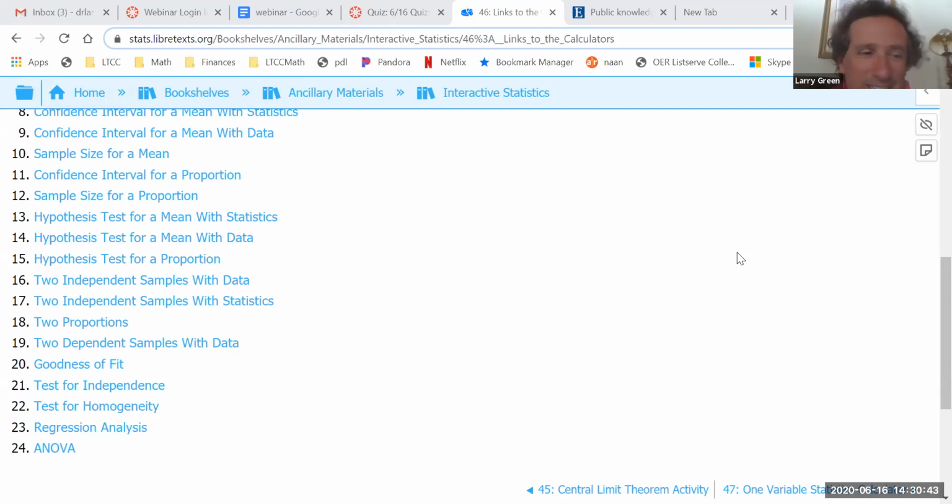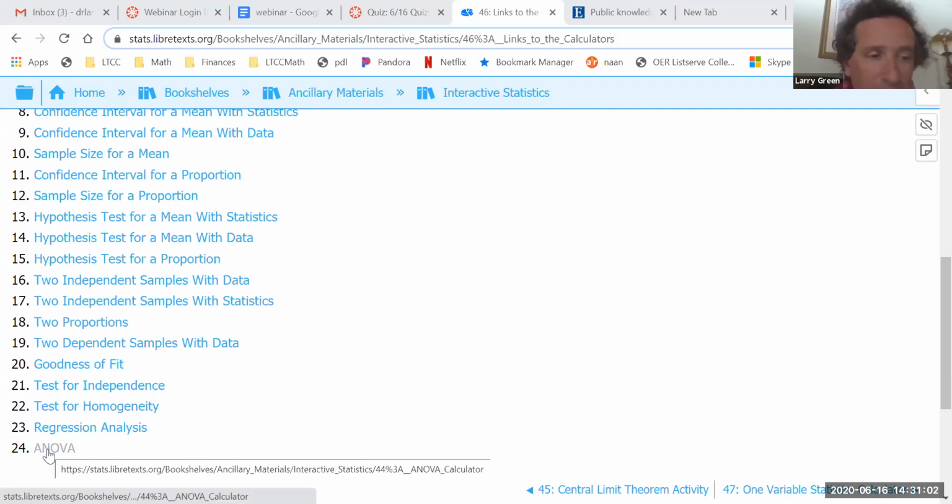What number? Anyone paying attention? Yeah, the last one, 24. Okay. So what I tried to do is I tried to do these in order. So this is 24, and that's ANOVA.